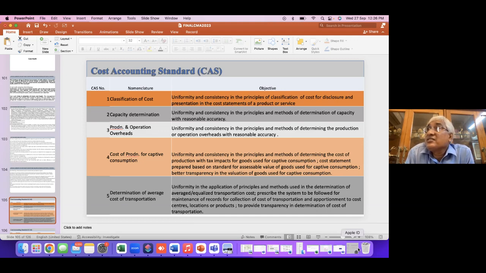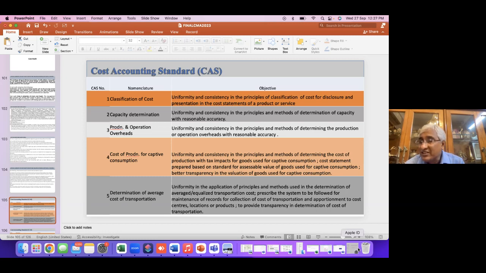consistency. So last year I have one policy, this year another one, next year I will make another one, the year before another one. So it is inconsistent. Consistency is one of the major issues which one has to maintain, whether in the principles of classification or in methods of determination of capacity. Everywhere consistency is required.